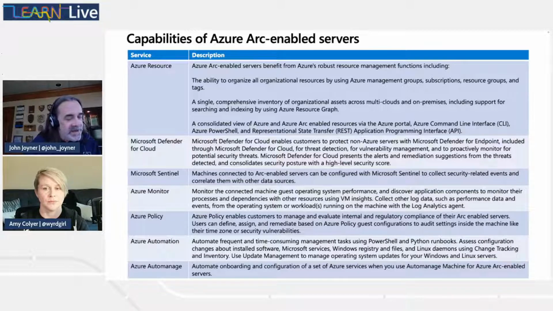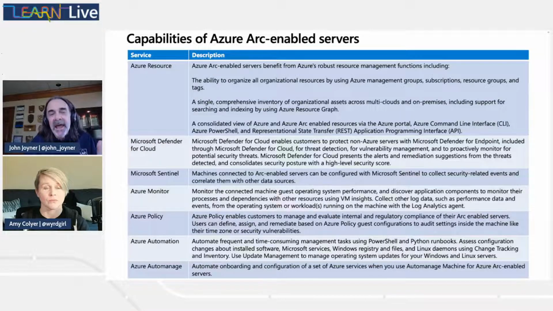So the first one, Azure Resource, it makes your Windows and Linux servers Azure resources, even if they're not in Azure. And why would you care? What is the value there? Single pane of glass. I can now use Azure Resource Graph and Azure Log Analytics queries to return a list of all of my servers or all of my apps in whatever cloud, whatever OS.